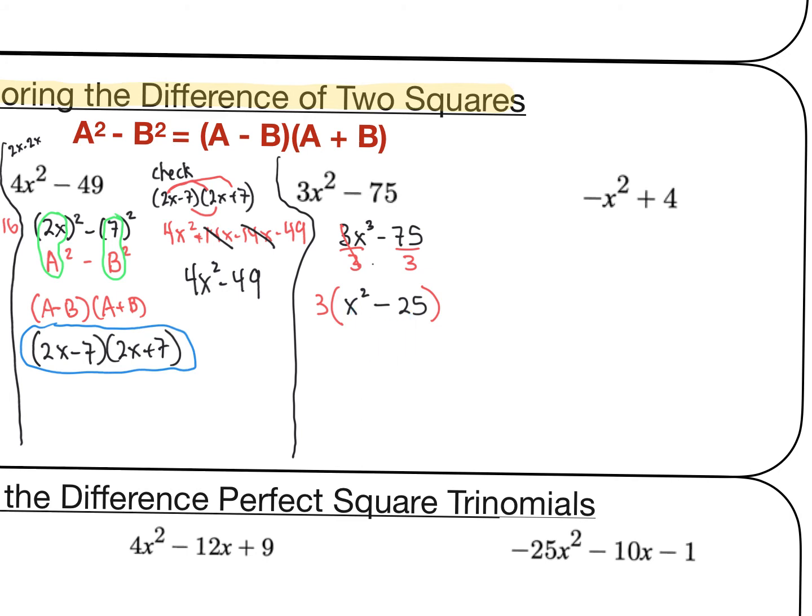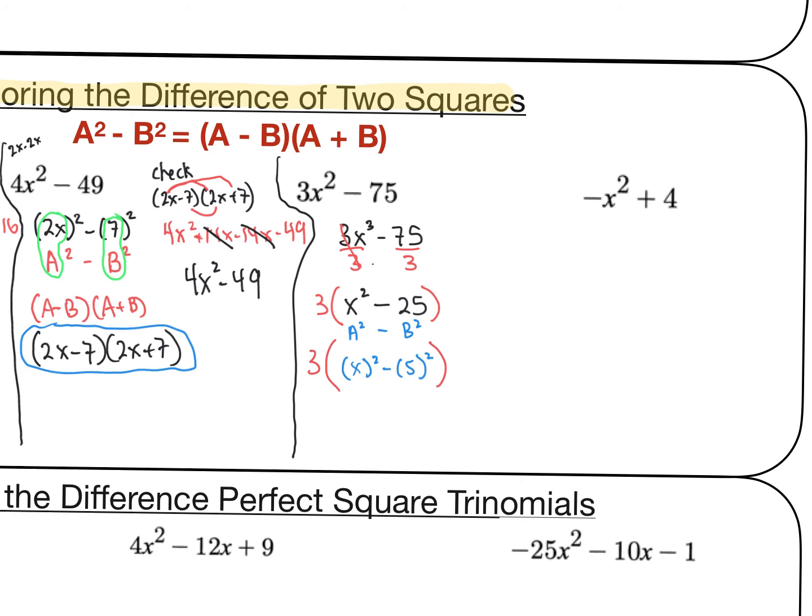So what I can do is bring down this and this, and factor these out by doing the little factoring pattern. So this is a squared, and this is going to be minus this. And so we can write this as x squared minus 5 squared, like that, inside of there.